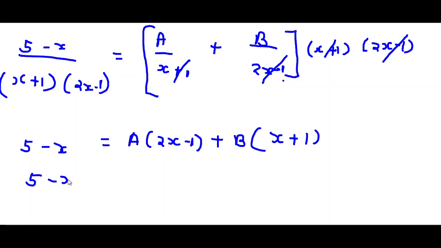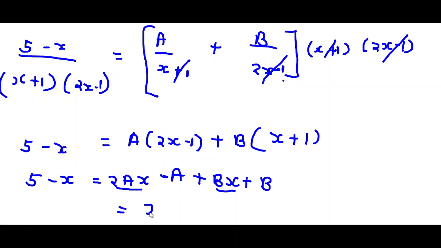So it will be, when we open up the bracket, 2ax minus a plus bx plus b. So we take the like terms together and join them, and as you can see here, 2ax and bx are like terms, so we can say that 2ax plus bx equals negative x, since it's the only value that has an x value on this other side.